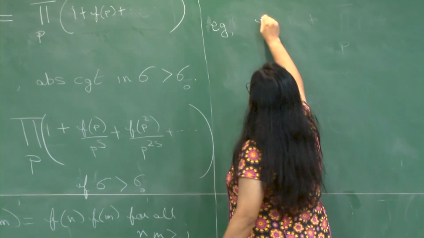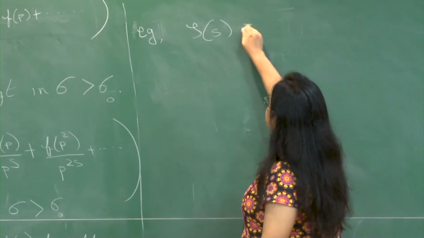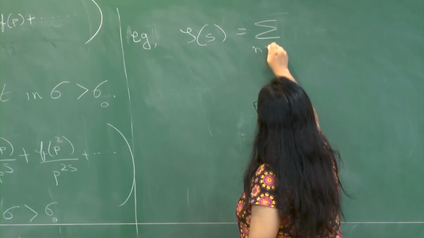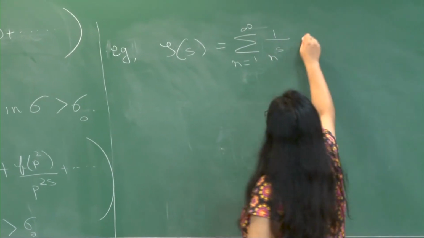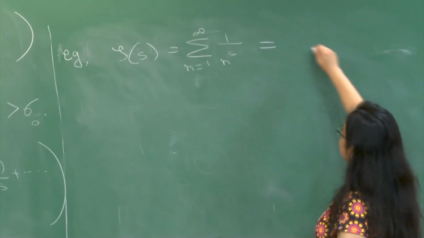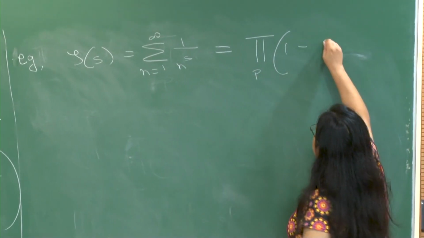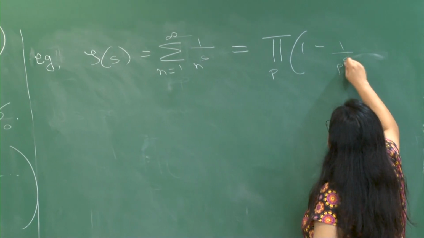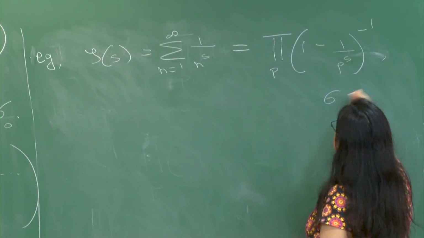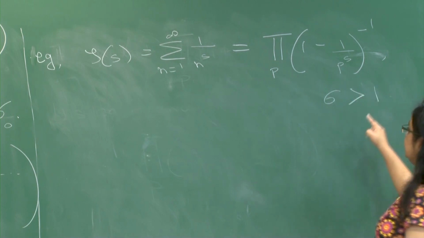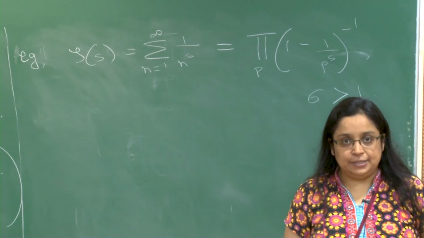As I just mentioned, zeta of s, which is the infinite sum n going from 1 to infinity of 1 over n raised to the s, can be written as the Euler product over all the primes of 1 minus 1 over p to the s, inverse, provided your sigma is greater than 1, because that is the half plane in which the zeta sum converges absolutely.